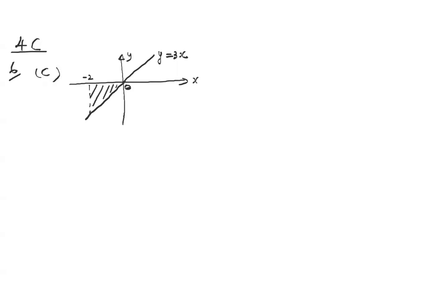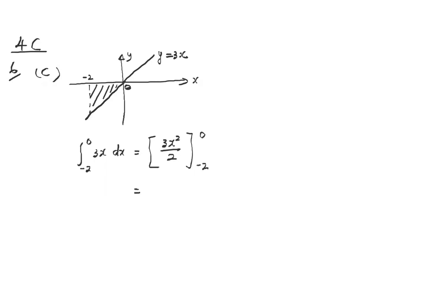I told you already, the integral from -2 to 0 of 3x dx, if I integrate the definite integral, I will get 3x squared over 2, from -2 to 0.